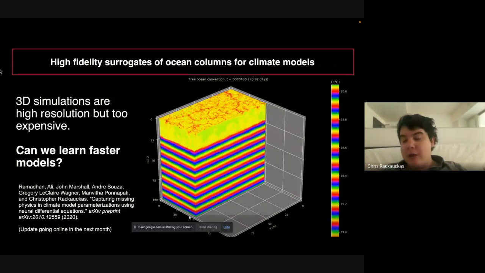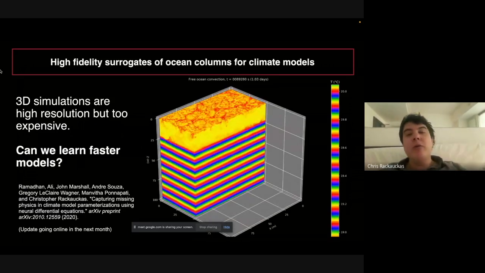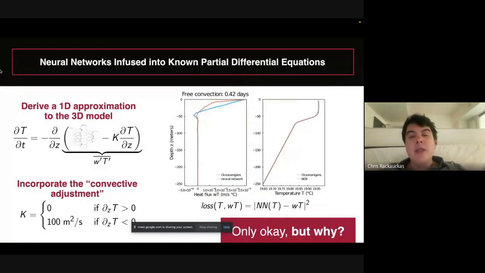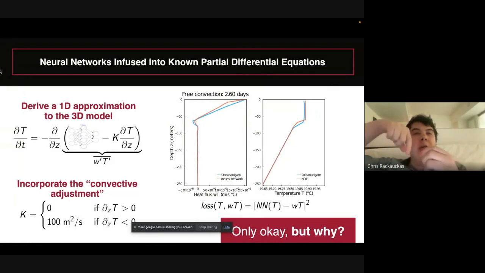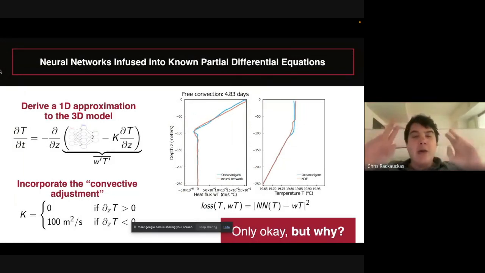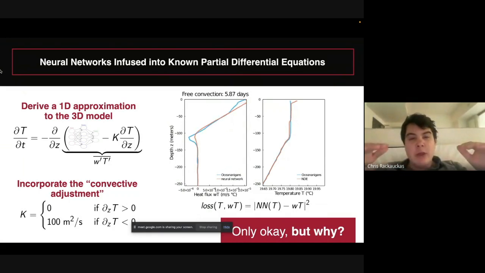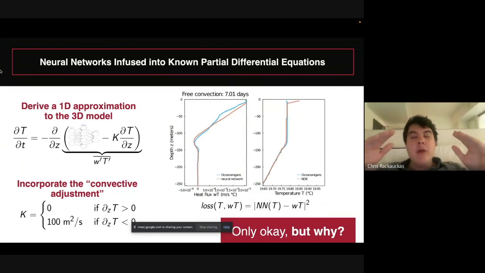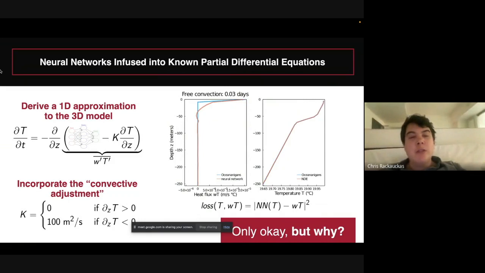The key idea is that the way you would normally build these ocean columns within a climate model is you would take the three-dimensional Boussinesq equations, take an integral along the xy plane to average out the horizontal plane, and then the first terms of your Taylor expansion are everything but this neural network.